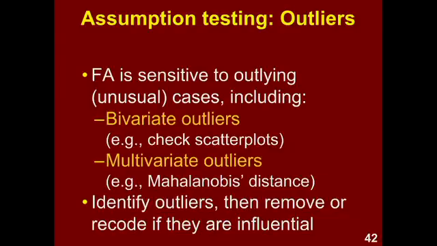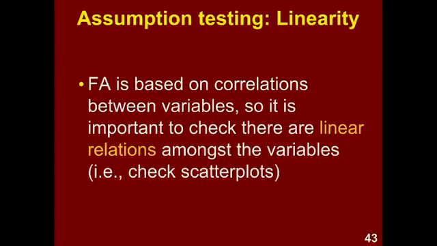So you may as well keep it in. If you are getting some profoundly different result, then you've got to scratch your head and go, look, this is affecting the results, so am I going to keep it in, or am I going to take it out? And so we are assuming linear relationships, which is why you want to look at your scatter plots.